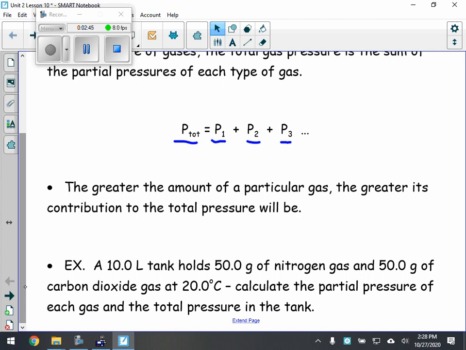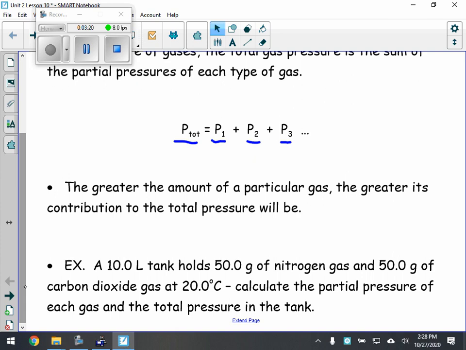So another way to say this is the greater the amount, the greater the number of moles you have, the greater the number of molecules you have, the greater its contribution to the overall pressure. So I want you to think about this for a second because this is important. If I have 2 molecules of a gas and I have 1 molecule of a gas, or say you've got 2,000 molecules and I've got 1,000.